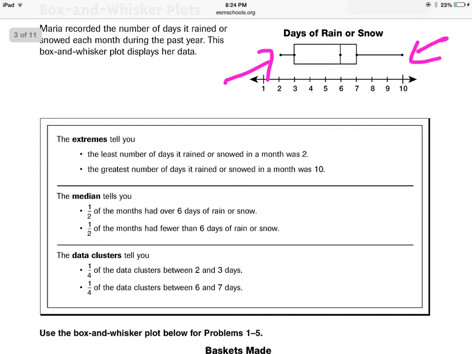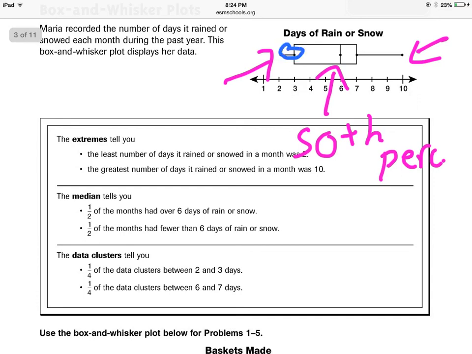All right. And then to keep going, it says the median tells you that half of the months had over 6 days of snow, half of the months had fewer than 6 days of snow. Now remember, the median is the 50th percentile, and we've talked about percentiles. So basically what that's telling us is that half the time it rained more, half the time it rained less. The data cluster tells you 1/4 of the data clusters between 2 and 3 days.